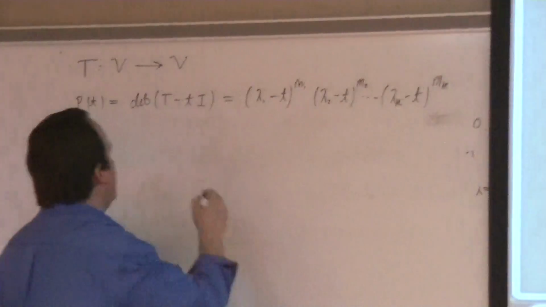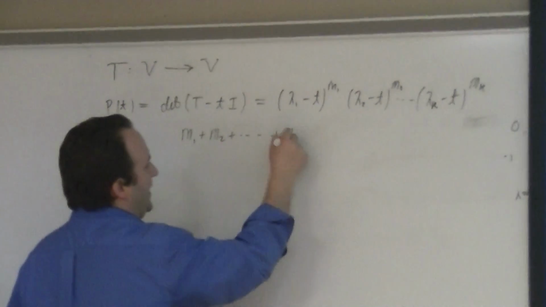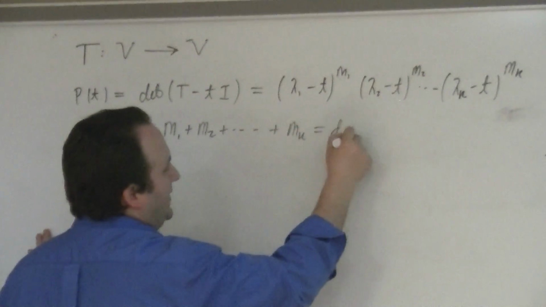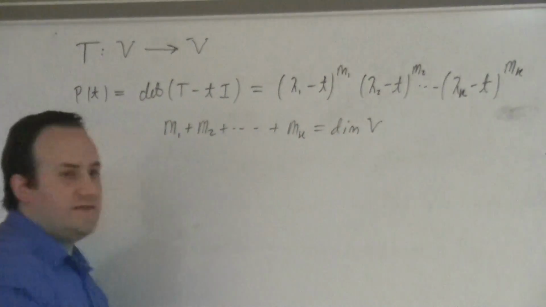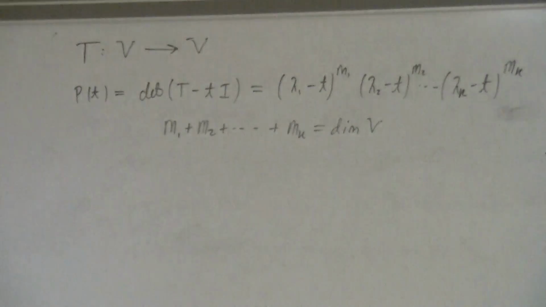Now we're assuming that m1 plus m2 plus ... plus mk is equal to the dimension of V. In other words, we're still making the assumption we made in section 6.1 that you have as many roots as you need to fill out all of V. I mean, there are as many roots to the characteristic polynomial as there is dimension in the space. This is automatically true if we're in the complexes, right?